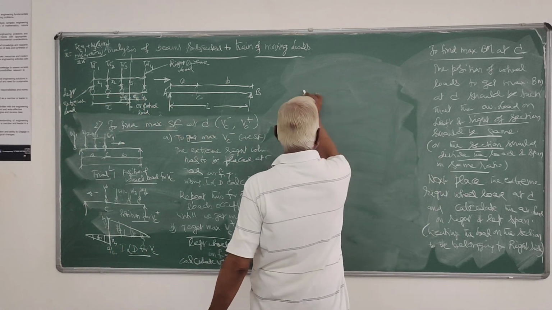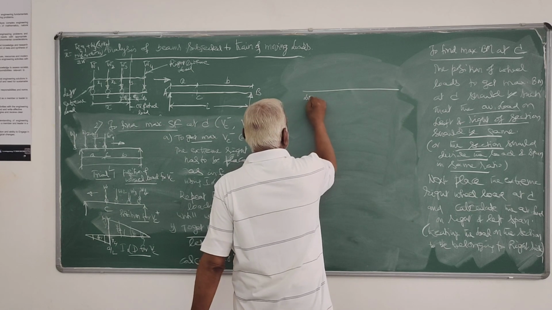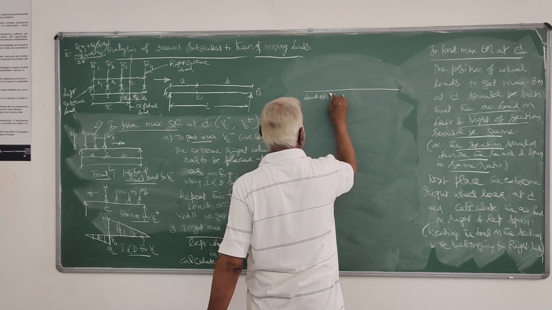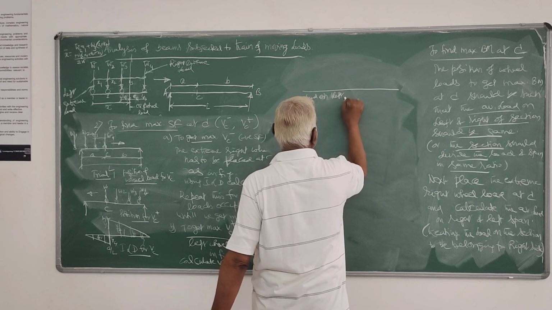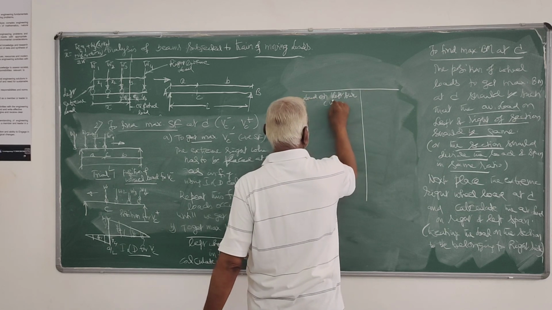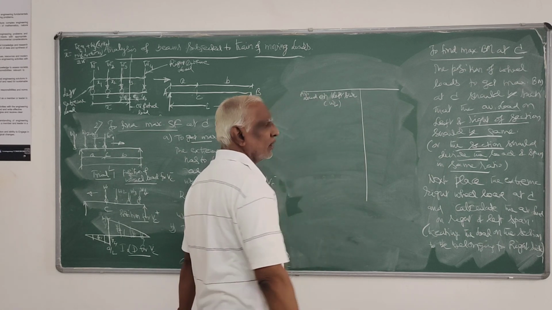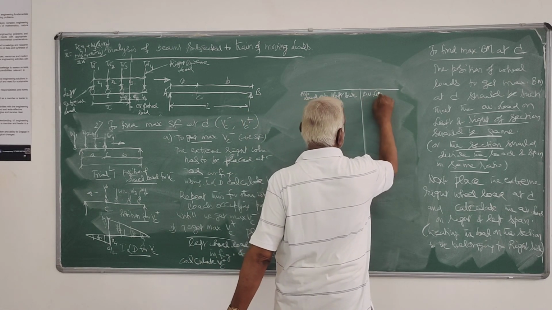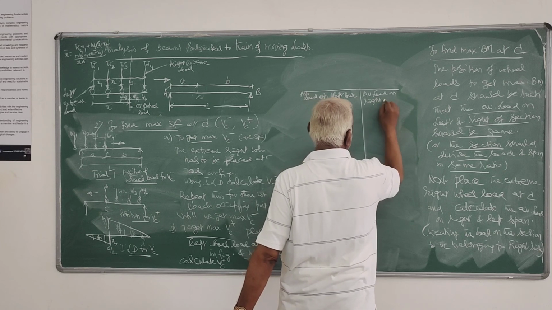So next, you prepare a table like this. Load on left side. Average load on left side. Average load on right side.